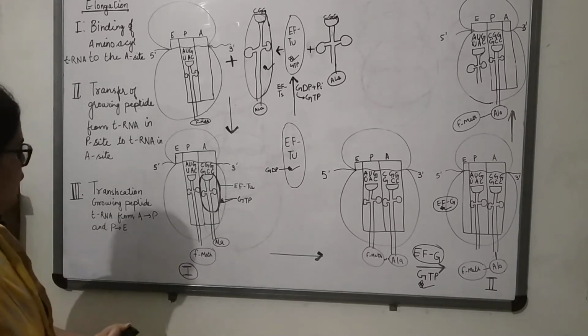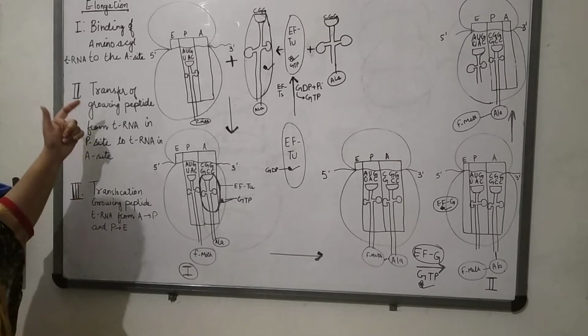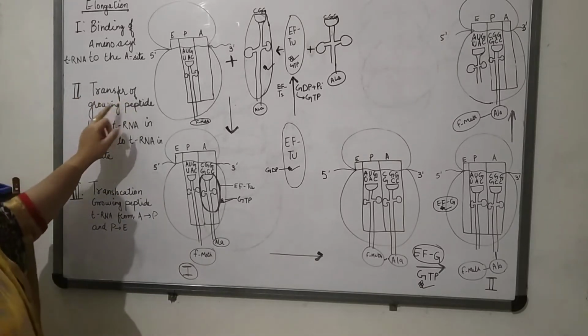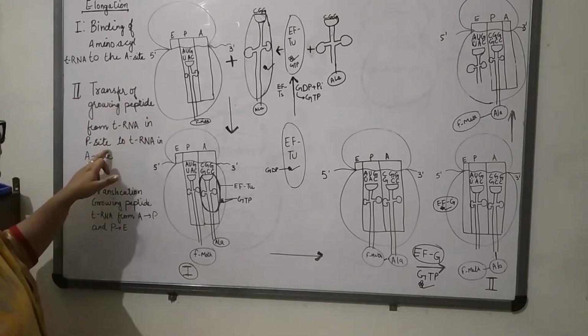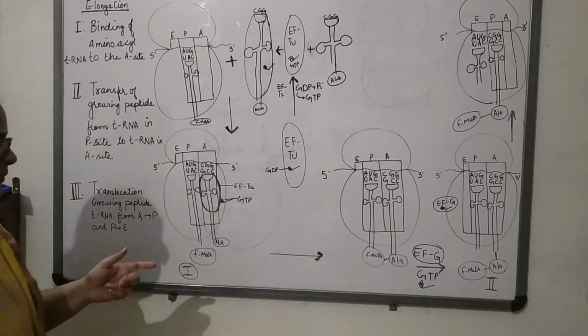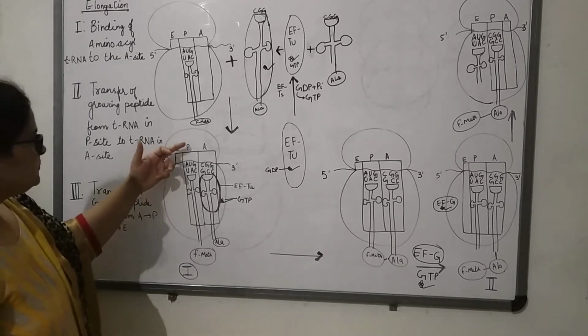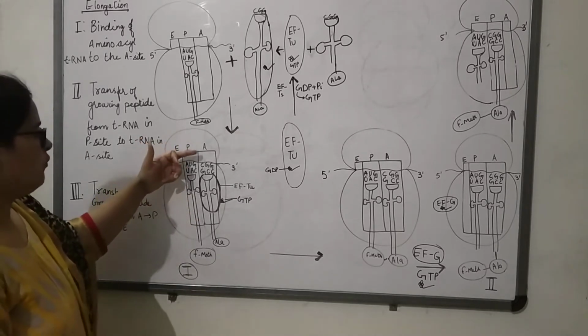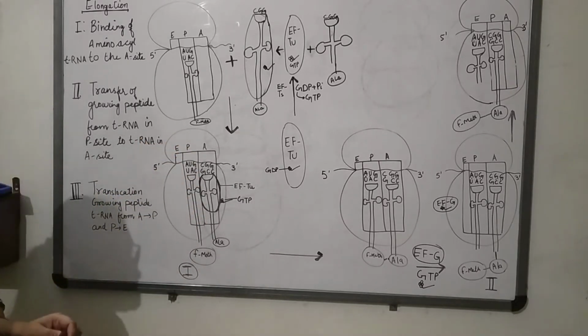The second step of elongation is transfer of the growing peptide from the tRNA in the P site to the tRNA in the A site. What is the meaning?